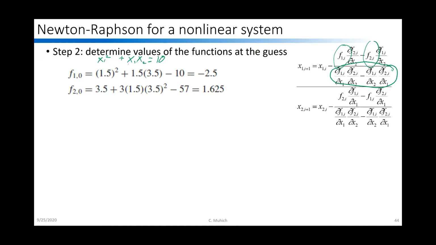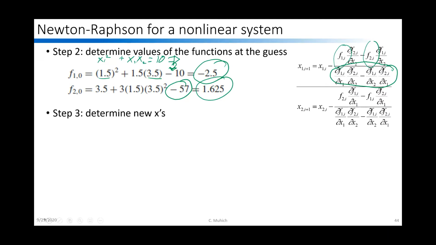I need to get that in the right functional form, so that transforms into this form of f1 by moving the 10 onto the right side, and then we move the 57 onto the left side, so we have everything bunched up in one set of terms. I can then plug in my guesses for x1 and x2, and calculate my functional value of f1 at my 0th guess and f2 at my 0th guess, being negative 2.5 and 1.625 respectively.